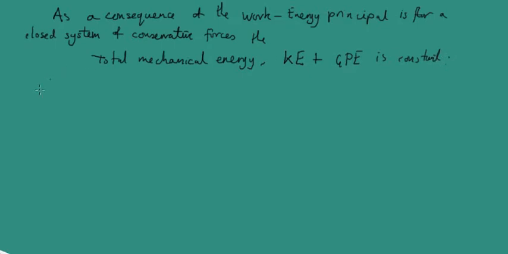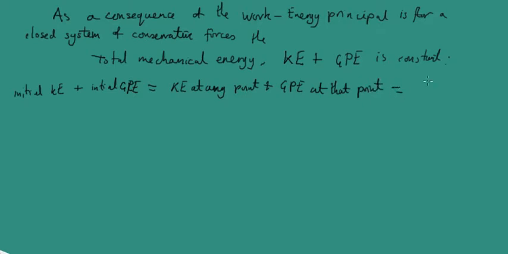So this means the initial kinetic energy plus the initial gravitational potential energy will equal the kinetic energy at any point plus the gravitational potential energy at that same point, which is going to be equal to the final kinetic energy plus the final gravitational potential energy.